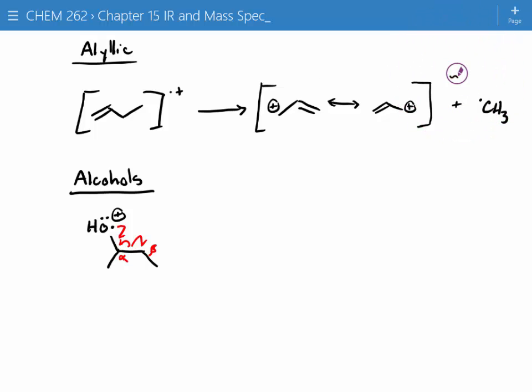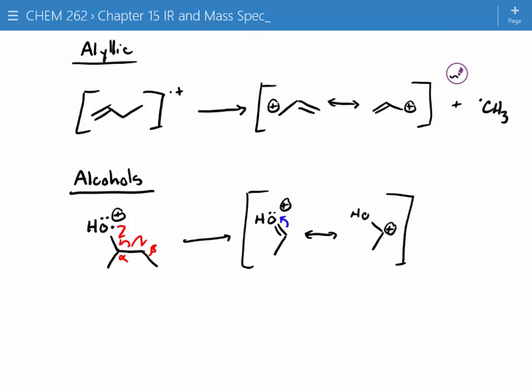And so now if we do that, our oxygen still has a positive charge, but the really nice thing with this is that it's resonance stabilized. So we can draw it out where that positive charge is delocalized. So that's the carbocation fragment.